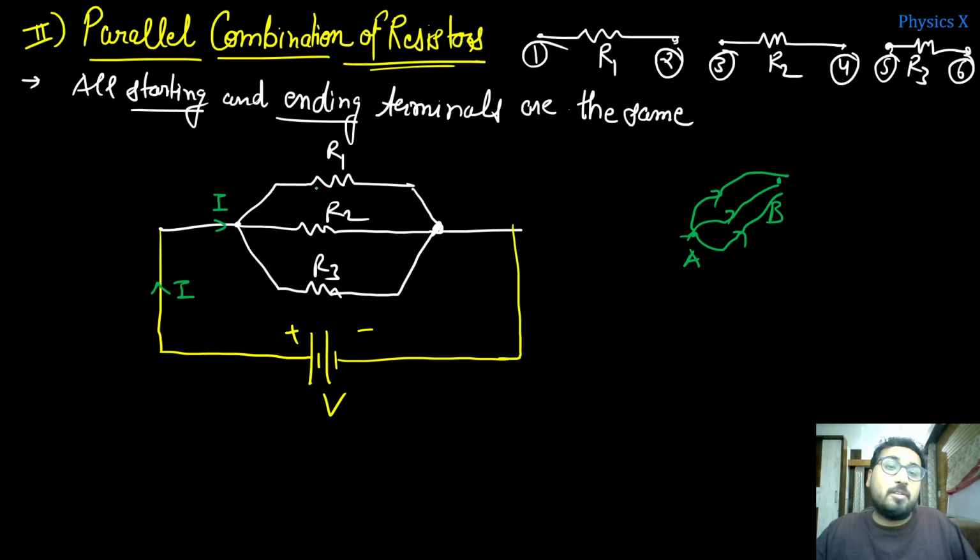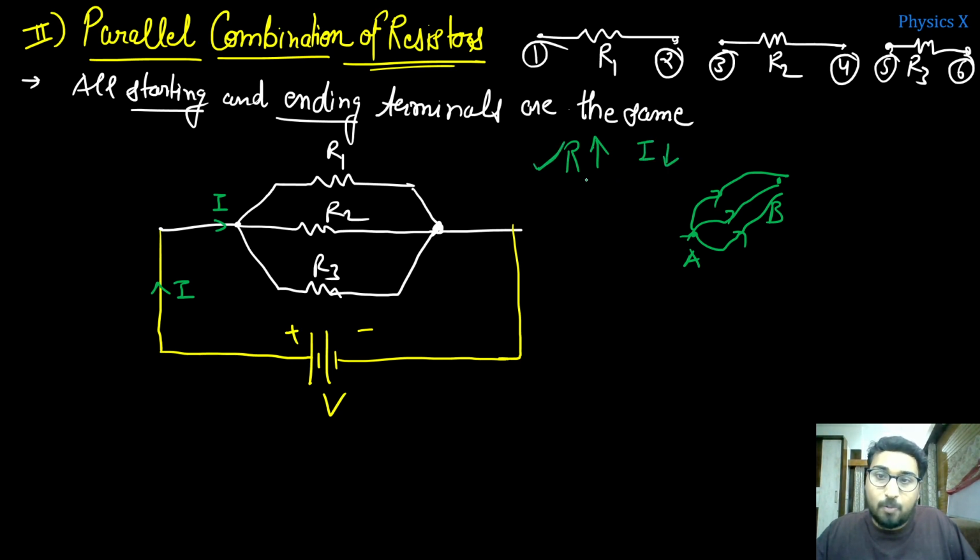Suppose the road conditions are best in R1. Suppose there is a very good road condition in this particular path, then more vehicles will be going through this. Meaning that if resistance is high, less current will flow in that particular path.